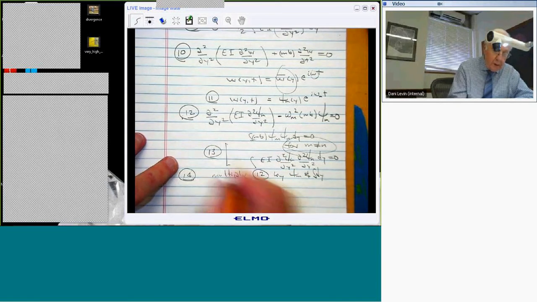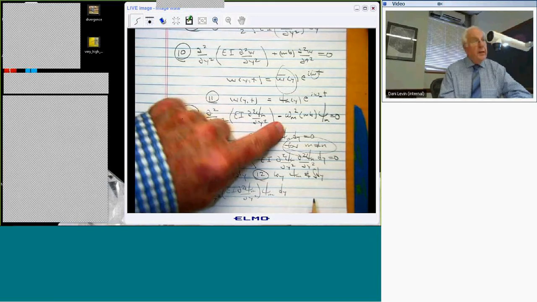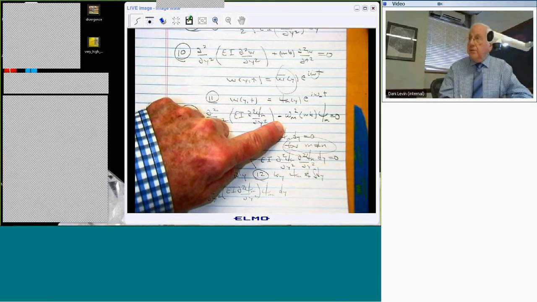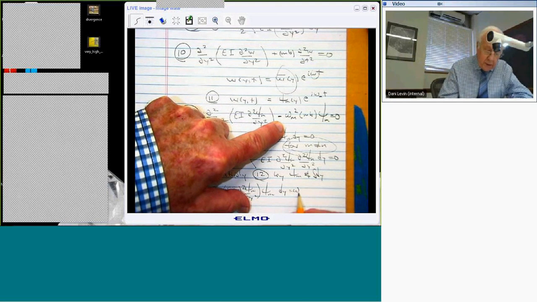What are we going to get? We're going to get the integral of the second partial of EI second partial of psi_m, times psi_m, with respect to y. I'm going to take the minus sign to the other side, because I know where I want to go, equals omega_m squared times the integral of m_b psi_m squared dy.